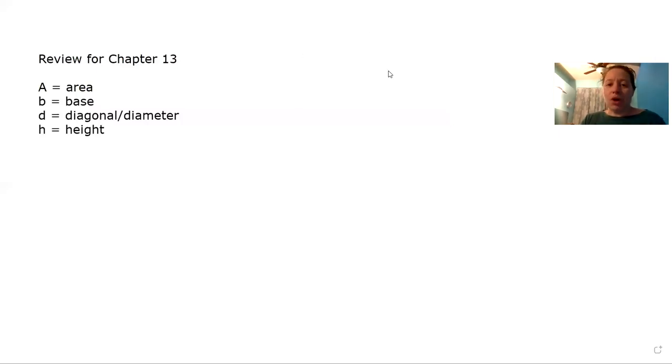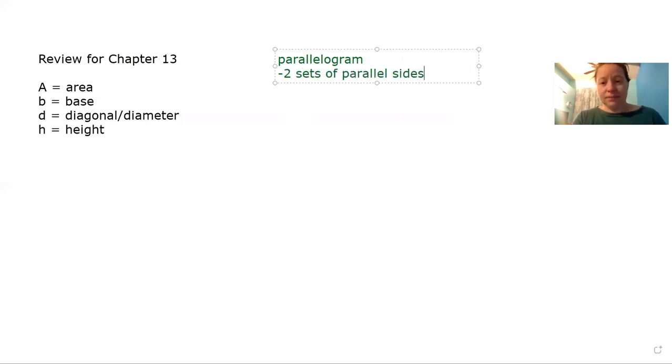Now remember, for our shapes, the first shape that we have is the parallelogram. That is two sets of parallel sides. It could be a square or rectangle.